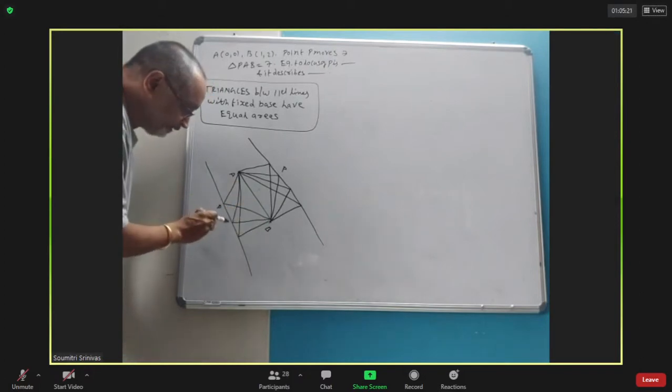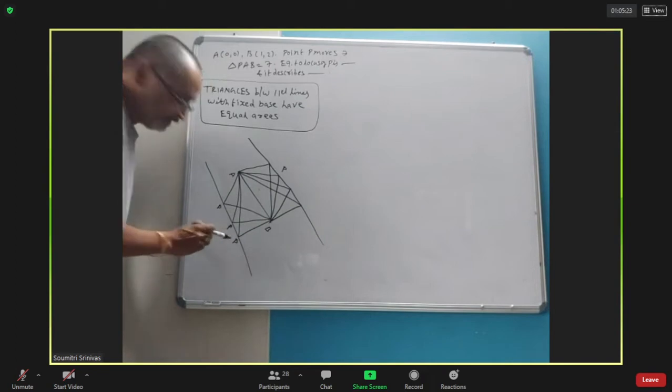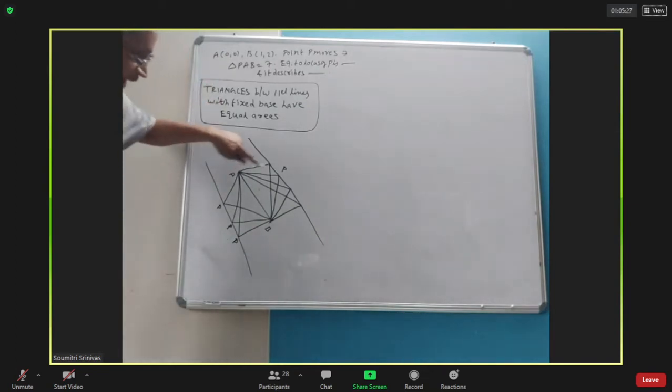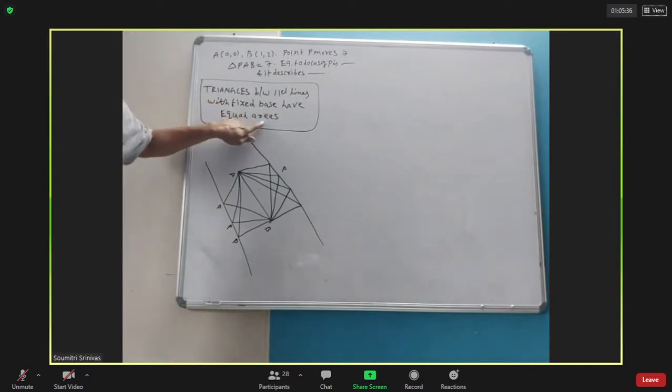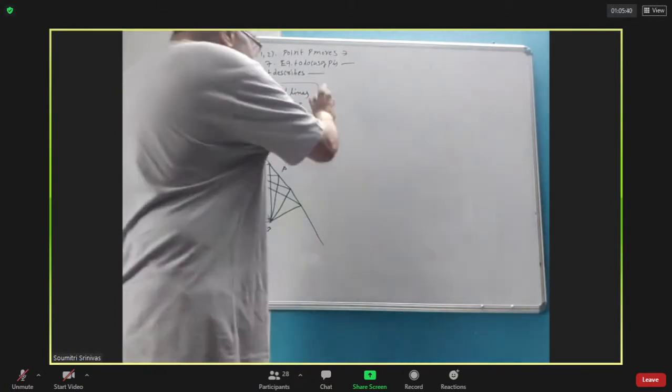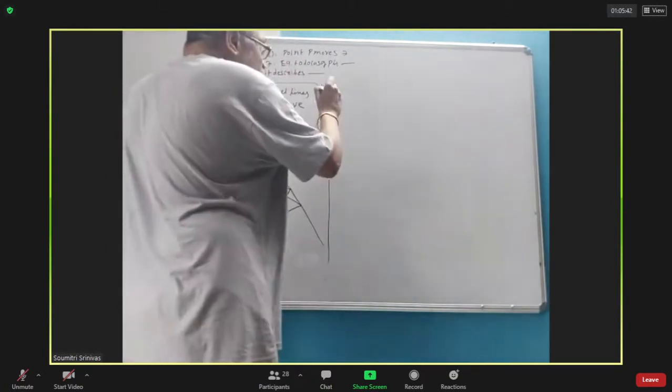This is your P. That's why I said read the statement. Triangles between two parallel lines with a fixed base always have equal area. This is the property I'm using. So, what's the conclusion?